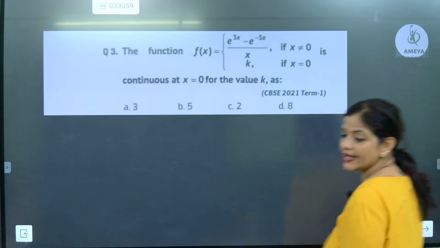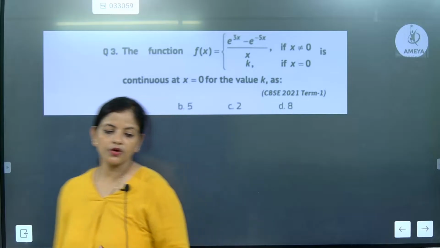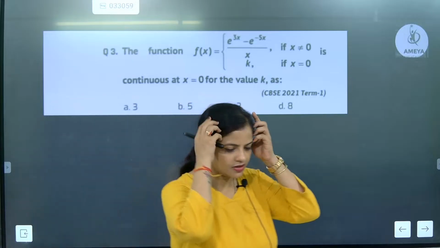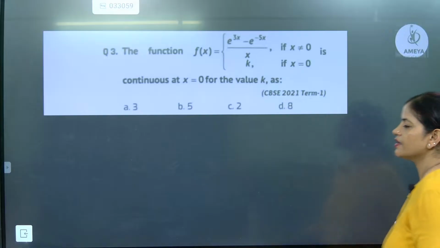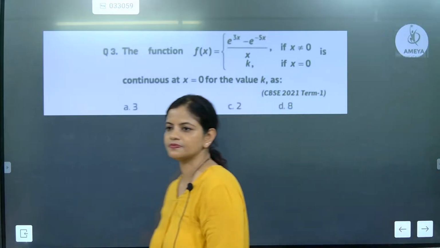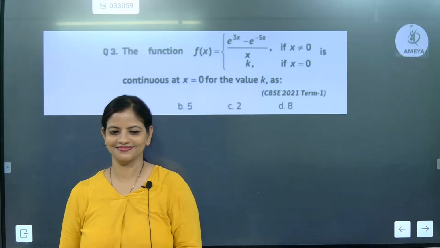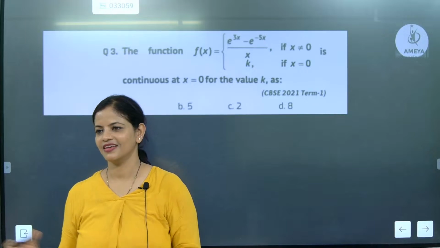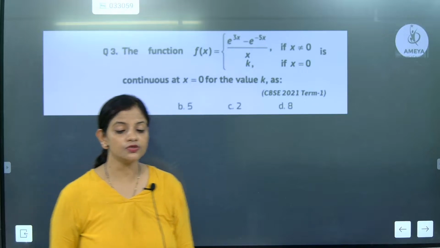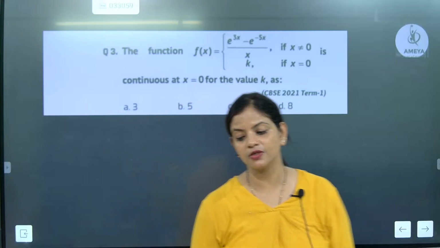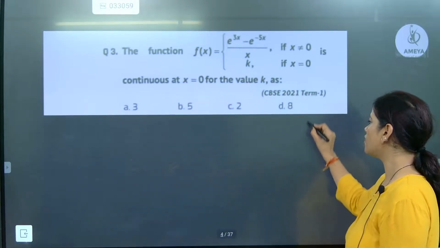One formula is needed here to solve the question. Okay, those children who are live, just remember one thing. One formula is needed to solve this question. What is that formula? Can you tell me? Think about it.